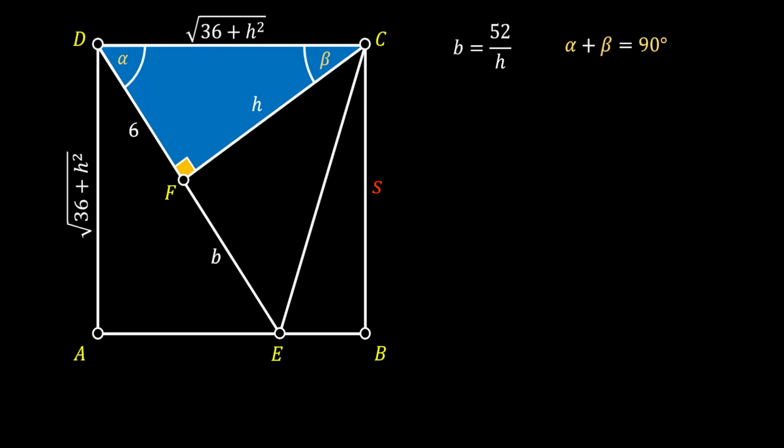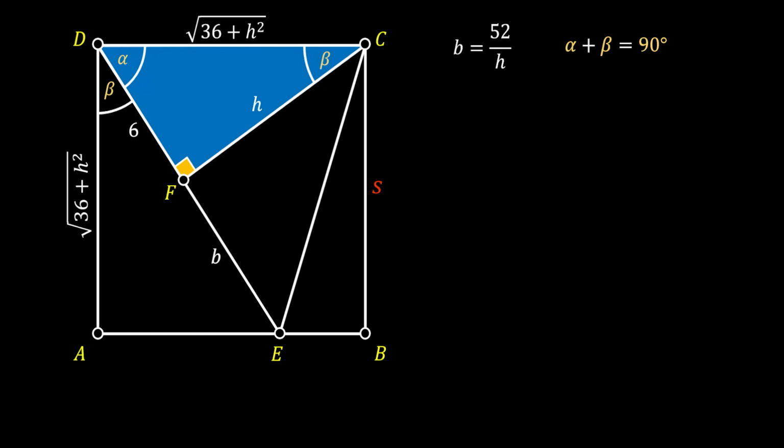Now, the overall angle at the point D must be a 90-degree angle, since it is the angle of the square. And this implies that the remaining acute angle at the point D, or the angle ADE if you like, must have the value of beta, since alpha plus beta equals 90 degrees.